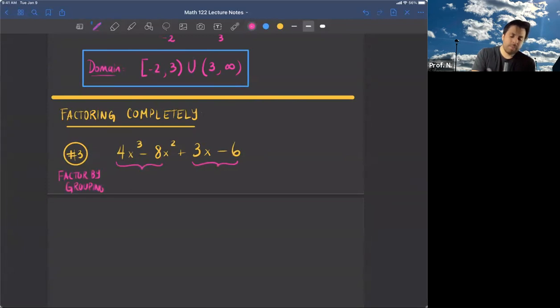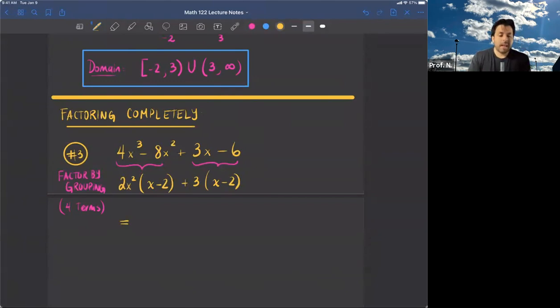Remember, we need to group them, 2 terms each. So this is when you have 4 terms. This doesn't always work because not every time you have 4 terms are you able to apply factor by grouping. But if you do have 4 terms, it's good to try to see if it's possible. So the first group, 4x cubed minus 8x squared, I can factor out a 2x squared. And then I'm left with an x minus 2. And then in the second group, 3x minus 6, I can factor out a 3, and I get x minus 2.